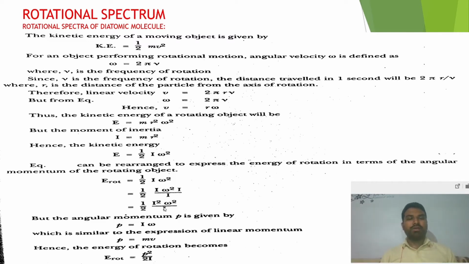Hence half I square omega square upon I. But the angular momentum P is given by P is equals to I omega, which is similar to the expression of linear momentum P is equals to mv. Hence the energy of rotation becomes E rotational is equals to P square upon 2I. If we substitute the value of P over here, then I square omega square will be P square, and this we will get upon 2I.